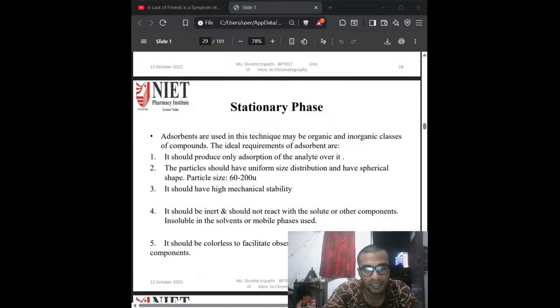Address: plot 19, Knowledge Park 2, Gautam Budh Nagar, Greater Noida.